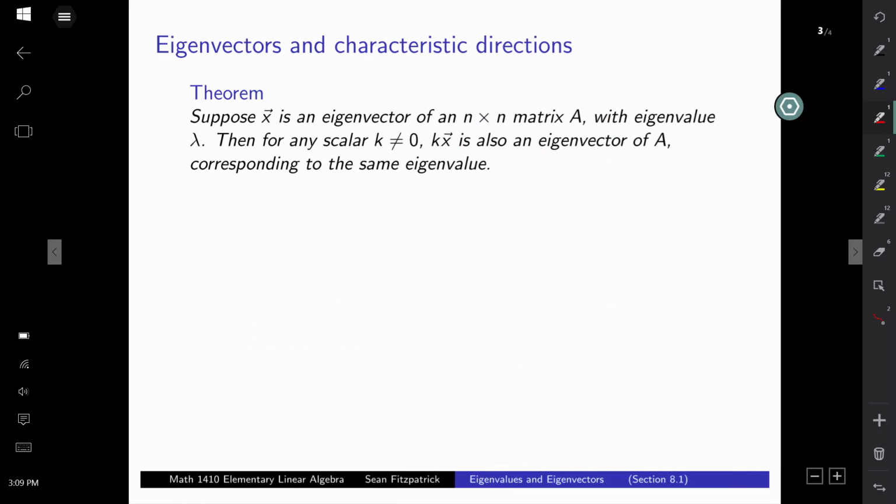Okay, so the starting point is the following theorem. Suppose you have an eigenvector for a matrix with a corresponding eigenvalue of lambda, right? Now, if I take that vector and I multiply by a scalar, I get another eigenvector. So as I was saying, once you have one eigenvector, any scalar multiple is another eigenvector.